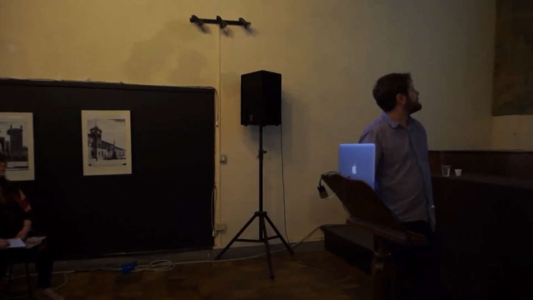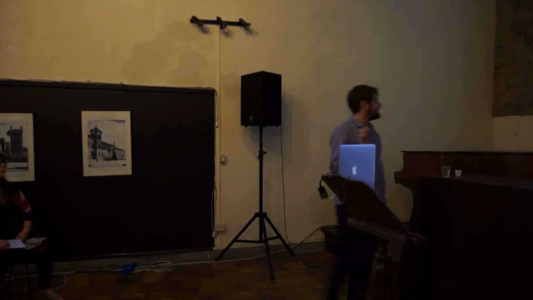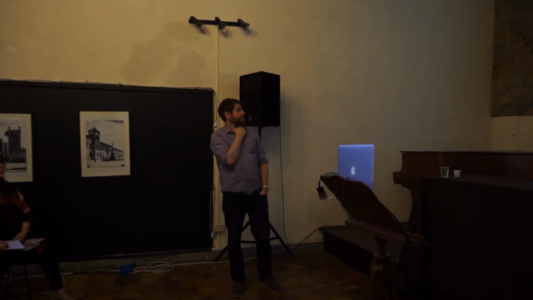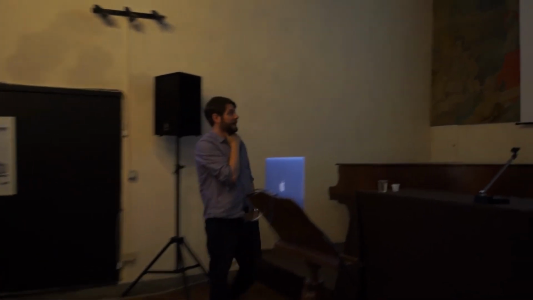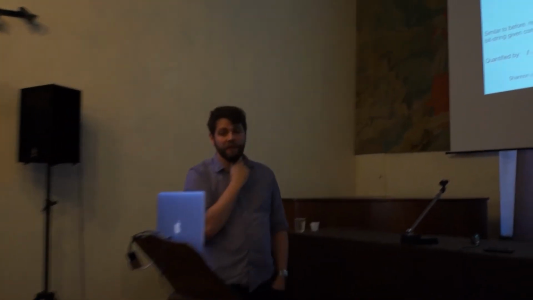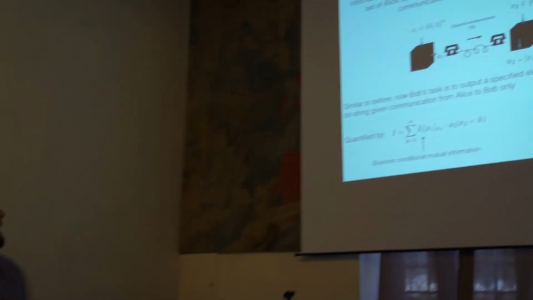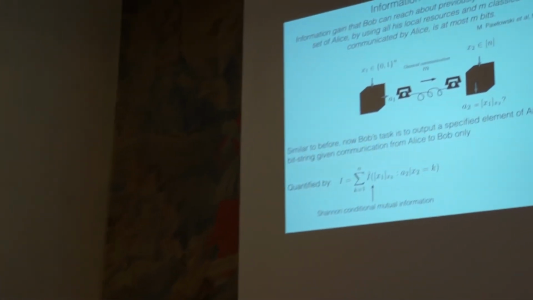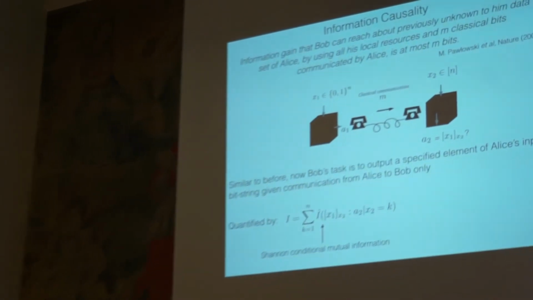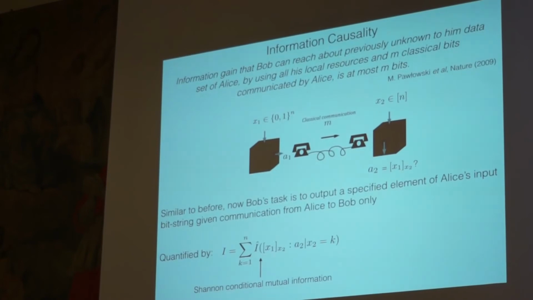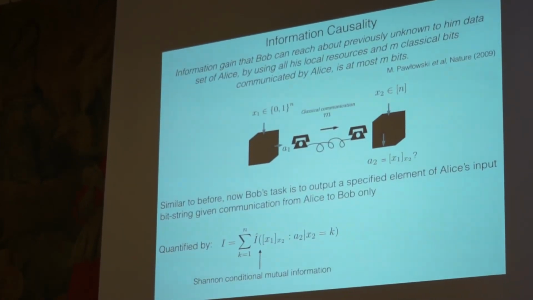So in this paper they thought about a very specific task where now Bob has to output a specific element of Alice's input, given communication from Alice to Bob only. And this is quantified by the mutual information between Bob's output and an element of Alice's input, given a particular choice of input for Bob.